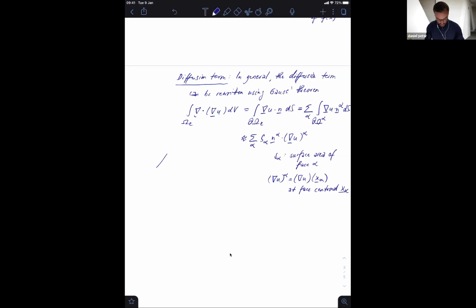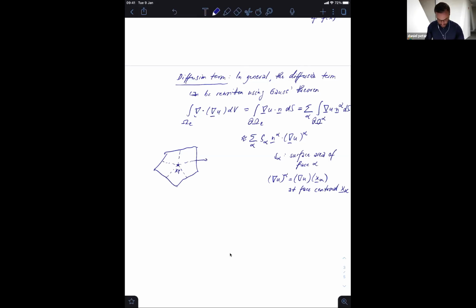So if you think of that grid element, so there would be xp, then we would have here all these faces alpha.